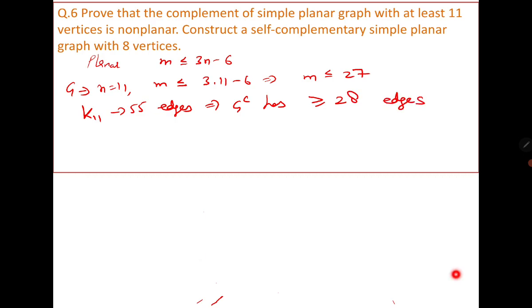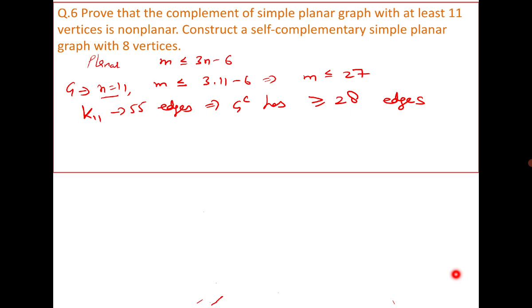So we have seen that if n is equal to 11, then m should be less than or equal to 27 for planarity. It means if m is greater than 27, then it must be non-planar. So if I fix n equal to 11, then its complement always has more than 27 edges, and therefore it is always non-planar.